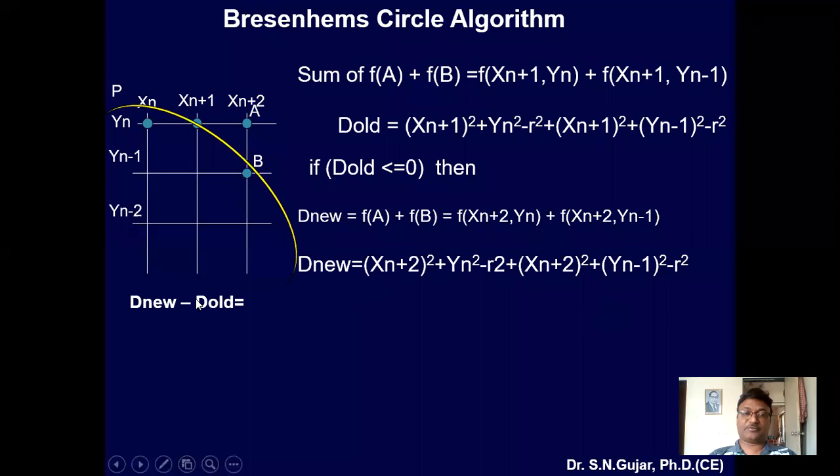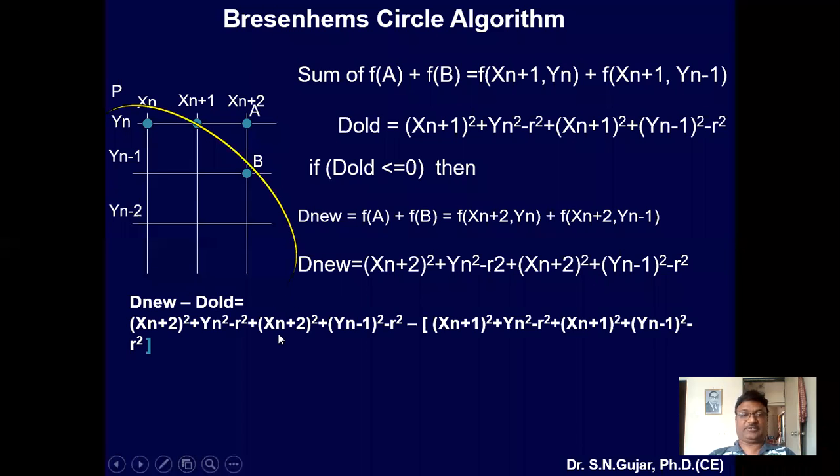Now we need to subtract. For the next decision parameter, we need to subtract d new minus d old. So d old value this one and d new value this one. Suppose I have put the subtraction in a square bracket, that I am writing.